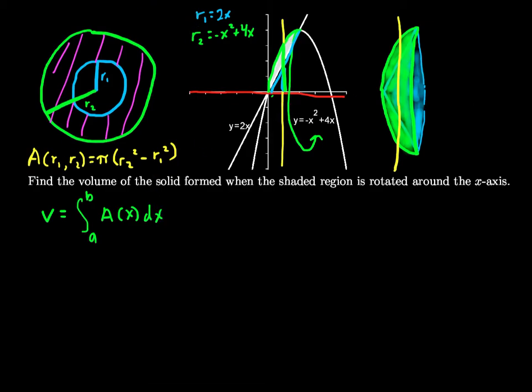The area in terms of x will equal pi multiplied by R2, negative x squared plus 4x, the outside function, squared, minus R1, 2x, squared.